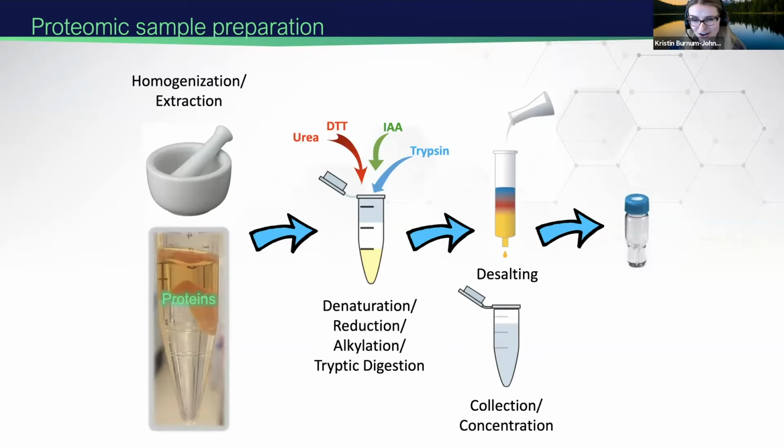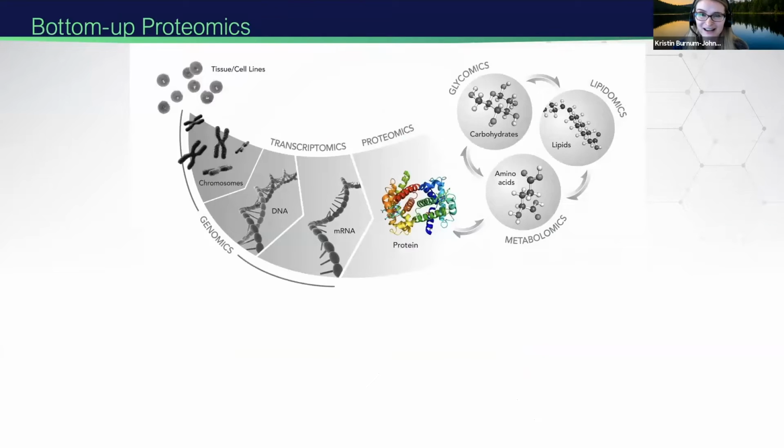Then we digest our proteins with enzymes, for example, trypsin that I keep mentioning, but there are other enzymes that you can use too. Once we have our peptides, then we desalt our sample so it's compatible with mass spectrometry analyses. So we take our protein solution here and digest it into a peptide mixture.